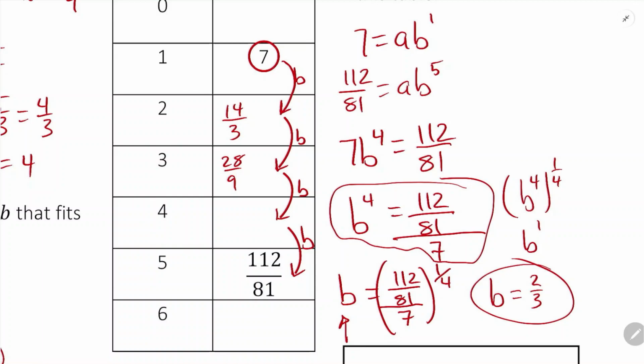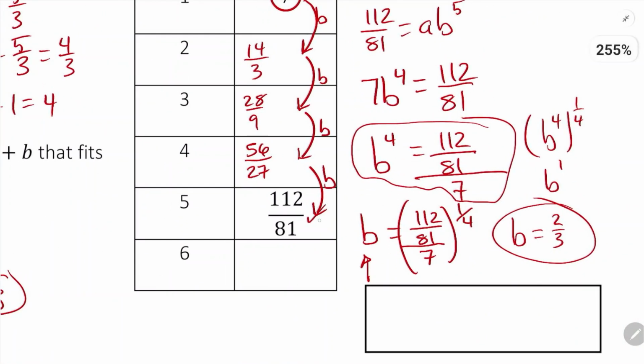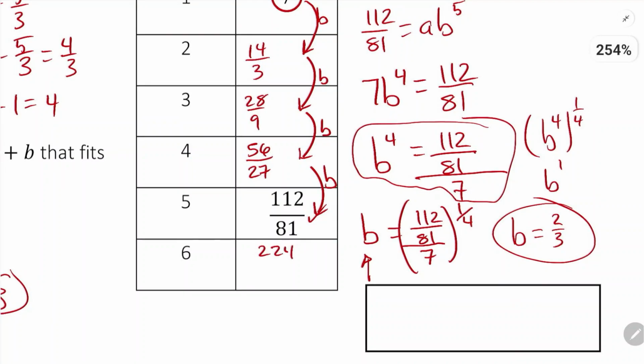Multiply that by 2/3, I get 56/27. The very next term, as a confirmation, is 112 over 81, so that's a check. The next value after that should be 224 over 243.